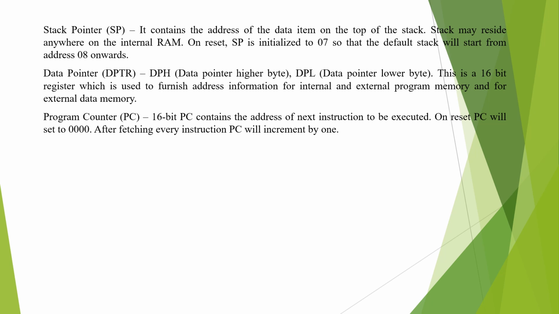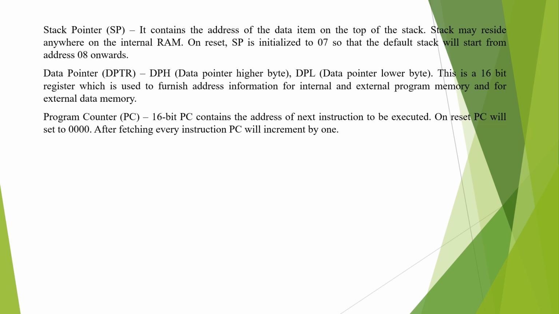The difference between 8085 and 8051 is that in case of 8085, the stack pointer contains the highest address of the stack, and when data is pushed on the stack, the stack pointer is decremented first, then the data is entered into the stack location. But in this case the process is reversed.